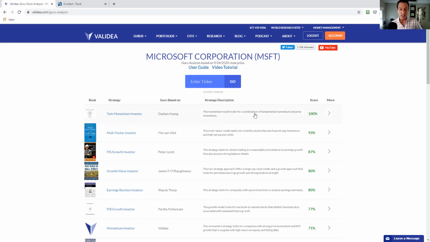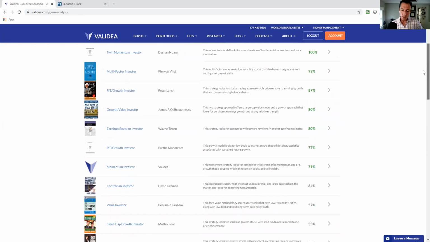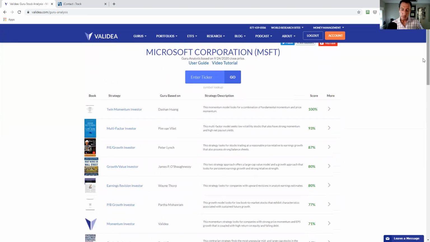Or you might just be looking at it holistically: does this stock look pretty good? What I would say is that when you see companies that score, so here's Microsoft, you'll notice it gets 70% or better, which is generally good in our system. So you have 1, 2, 3, 4, 5, 6, 7 strategies that rank Microsoft 70% or better.